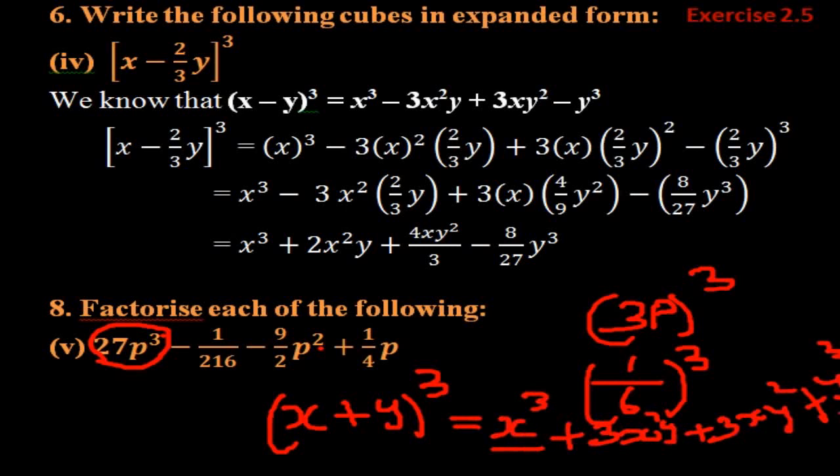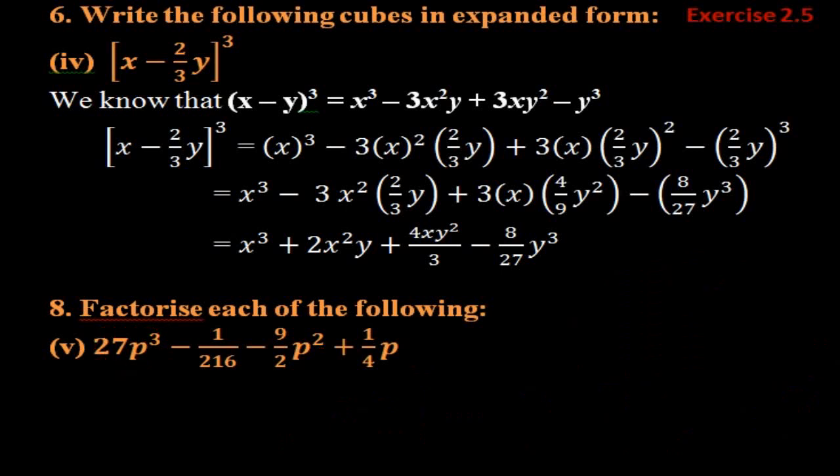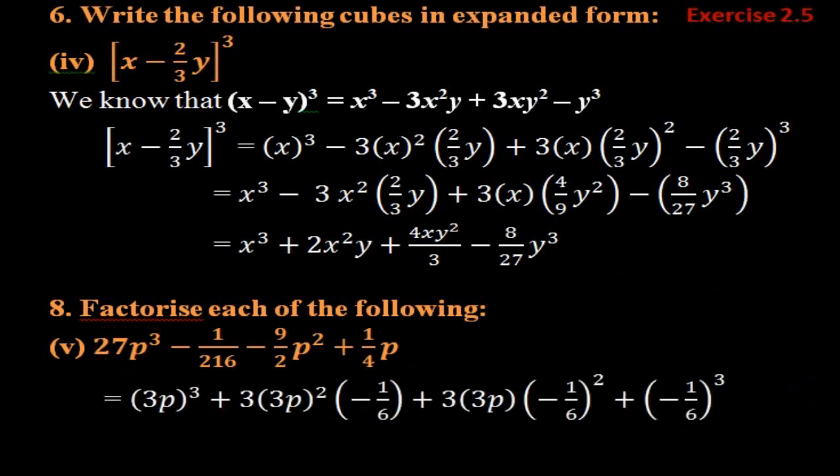So this one I am going to take as my first term, that is 3p, and this one I am going to take as y, the last term. So in the middle it will be 3 times square of this into y. So that's what I am going to apply here now. On applying that identity, we get 3p whole cube. First you write the first term and the last term, that is 1 by 6 whole cube.